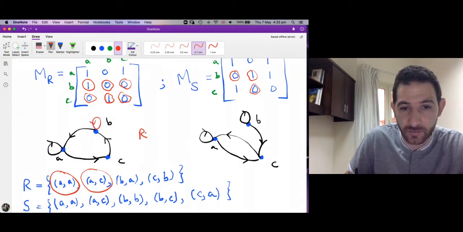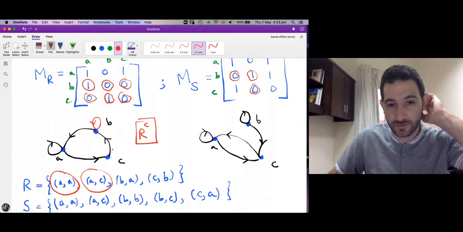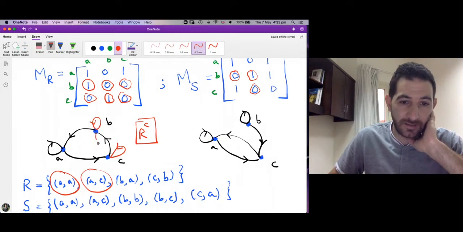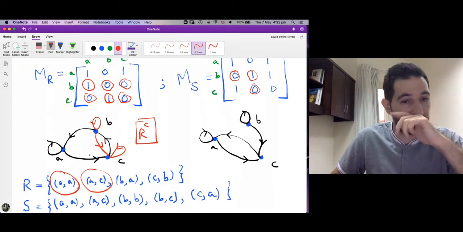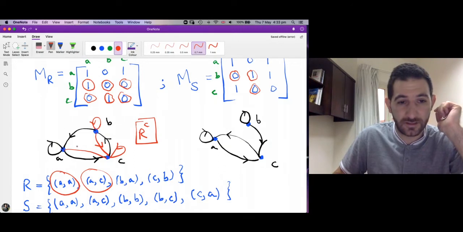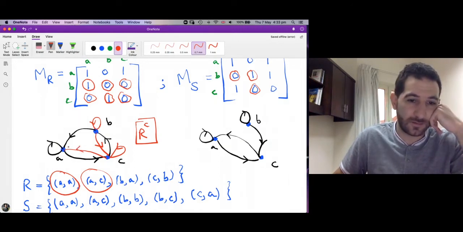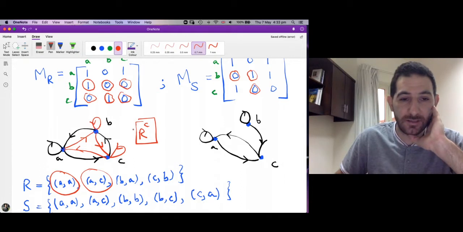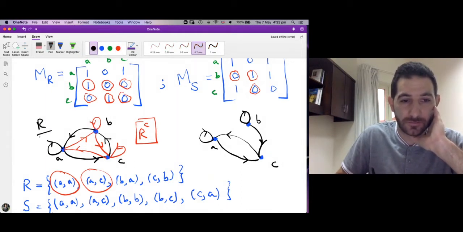So here I'm computing R complement. So C is related to C, and B is related to C, C is related to A, and what else? A is related to B, and that's it. So the red arrows correspond to R complement, and the black arrows correspond to R.